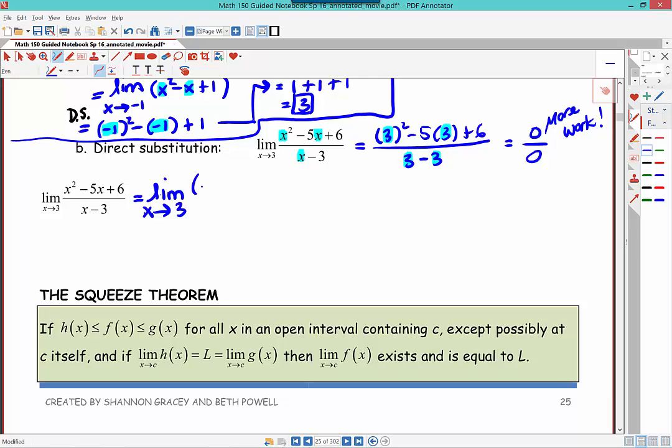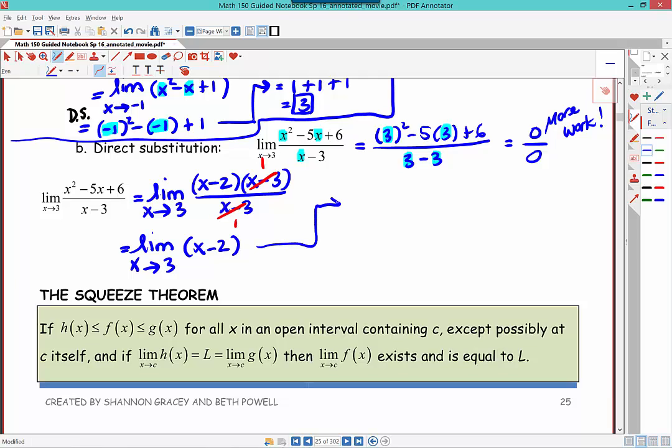So this guy factors as, great, x minus 2 times x minus 3 over x minus 3. So you'll see that these guys divide out, the problem children divide out, and we end up with the limit as x approaches 3 of x minus 2.